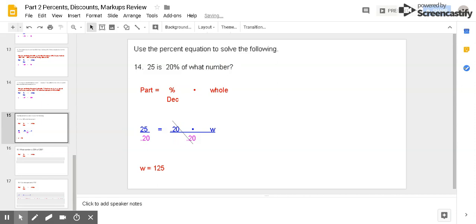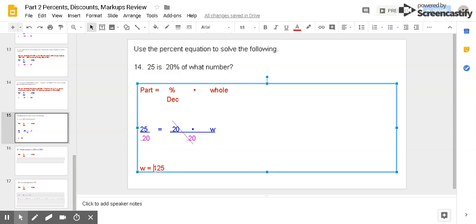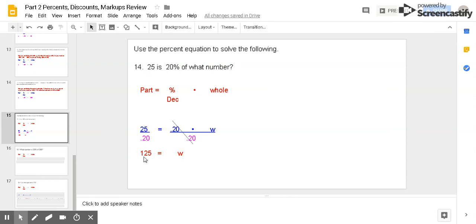So you have 25 divided by 0.20 is equal to W, which gets you 125. So 25 is technically 20% of the number that you just found, 125.